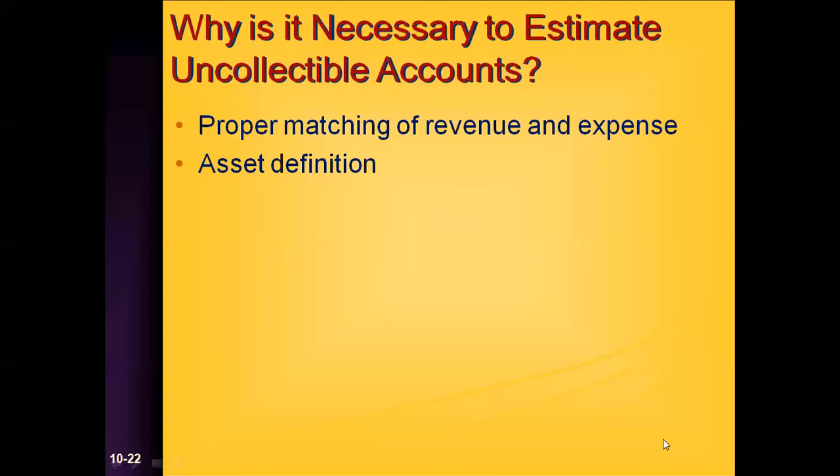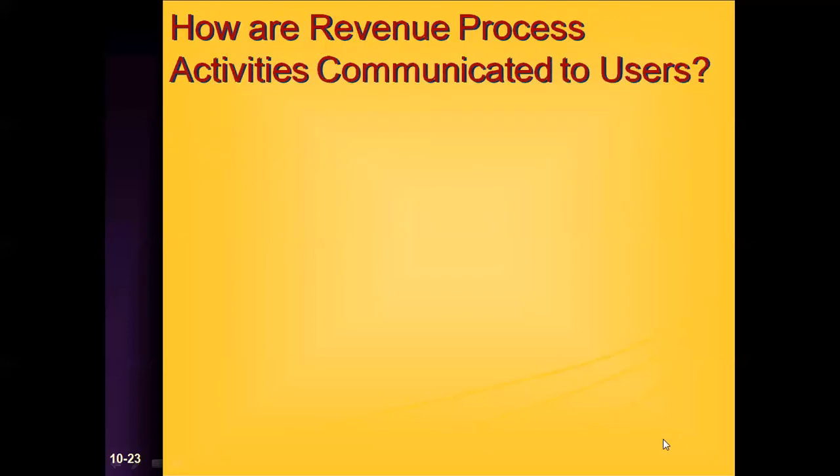Okay, moving on. We've talked about revenue process activities. How are these communicated to users of accounting information? Well, the first way it's communicated is the income statement. This basic income statement pretty much consolidates what's going on.